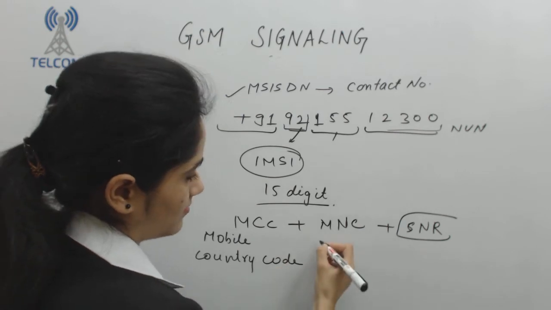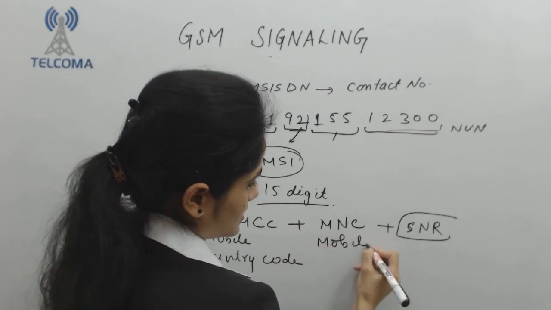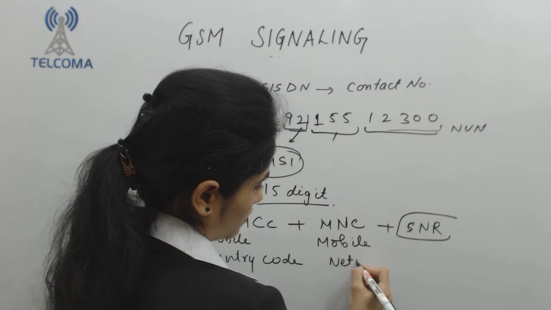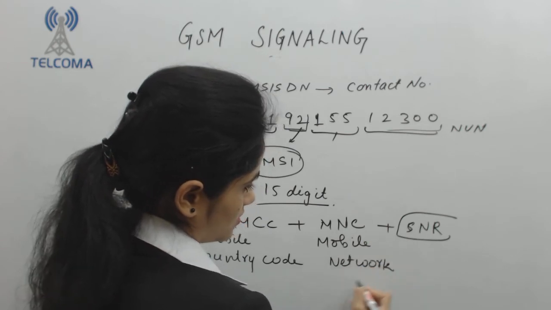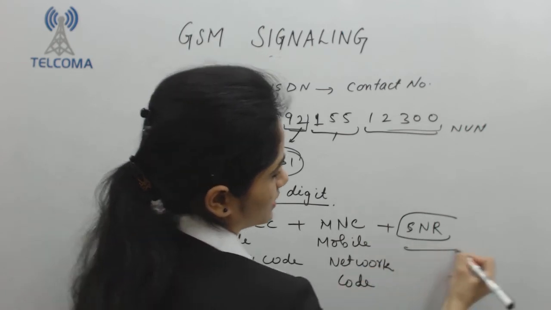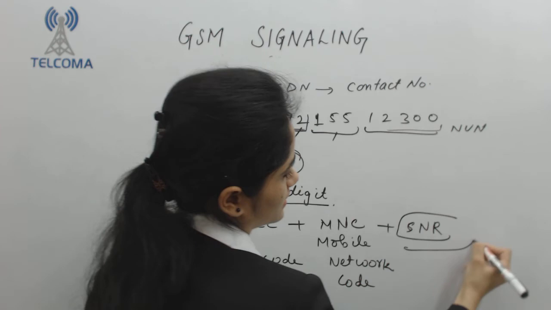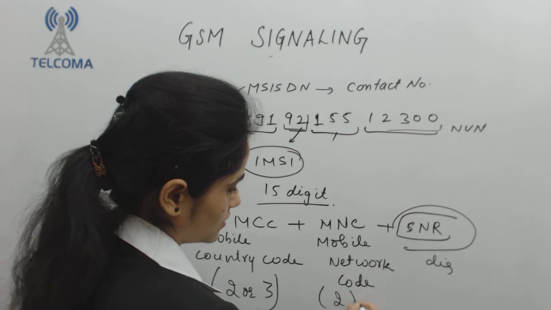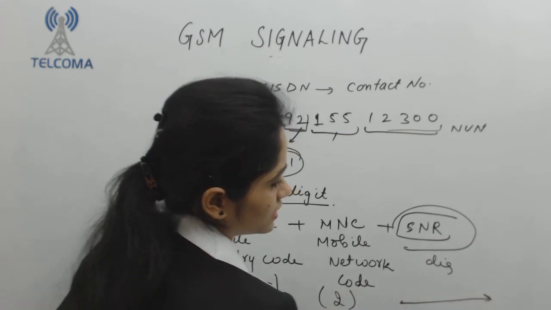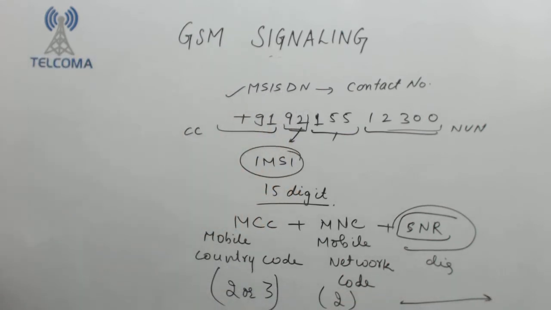Then we require MNC, and this MNC is the mobile network code, with these digits making it 15 digits. The mobile country code is 2 or 3 digits, the corresponding MNC is 2 digits, and the rest of the digits are the serial number. So we have more combinations with this.